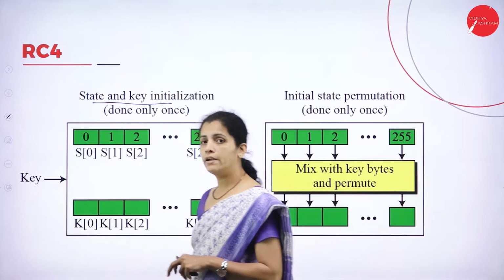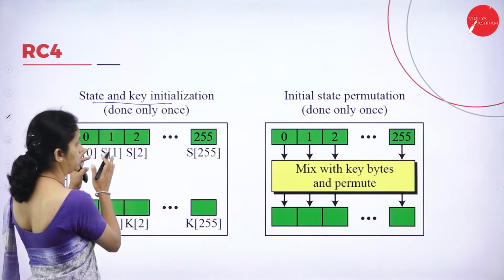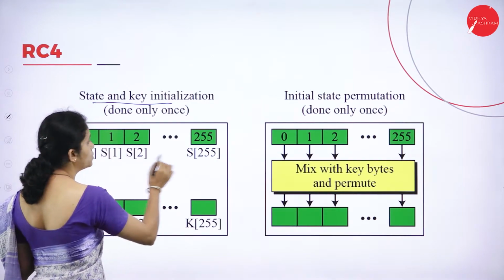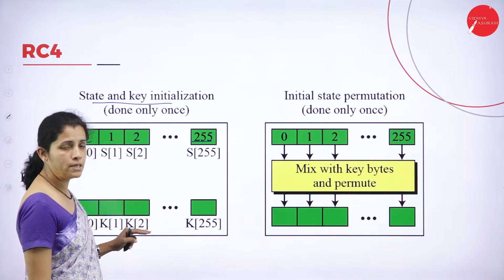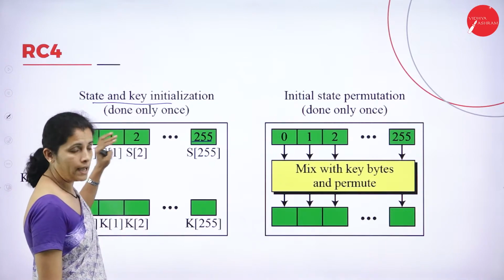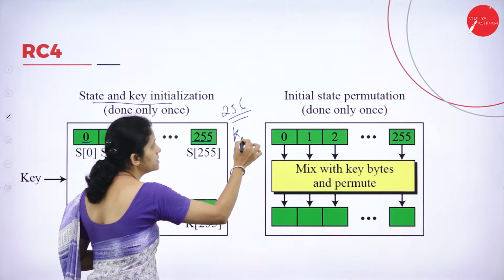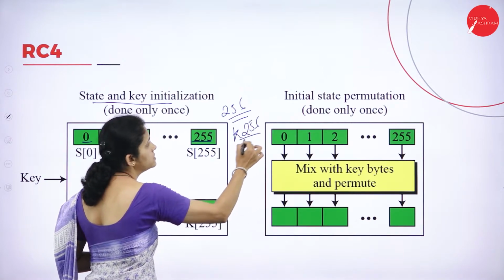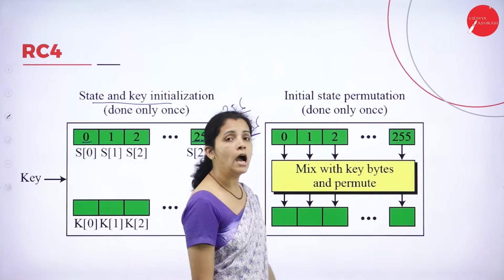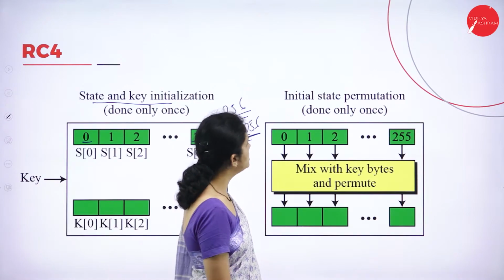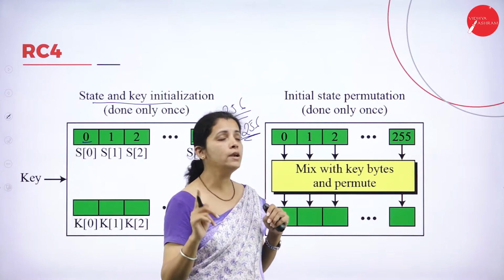Whatever key I have includes states, and the state ranges from 0 to 255, and I have the key. When my state length is 256, my key size is also 256. Then I perform the initial permutation, and this initial permutation is done only once.